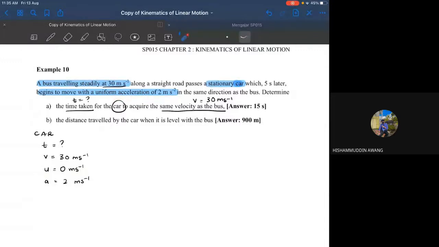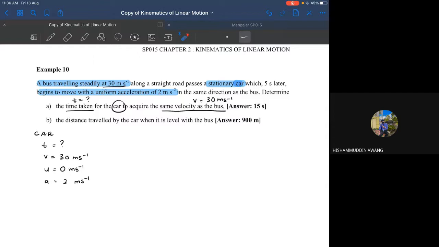Kita tak boleh ambil T equals to 5 second, sebab time tu berubah-ubah. Kita ambil yang fix je, yang confirm ada, iaitu stationary car, U. You get what I mean?